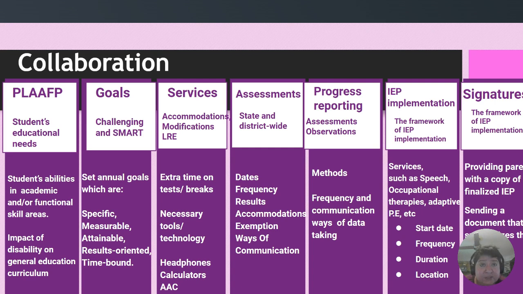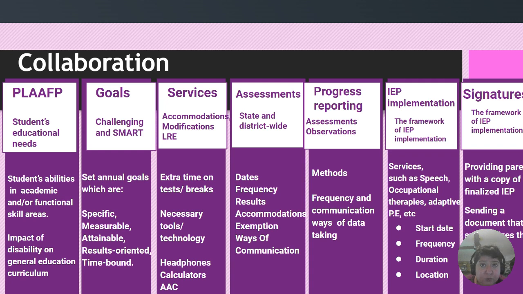We need to speak about assessments, whether they are exempt or not, and if they are not exempt, what kind of state or district-wide assessments they should participate in. We also need to communicate with parents about the frequency of these assessments, the days, accommodations, results, and the ways of communication.